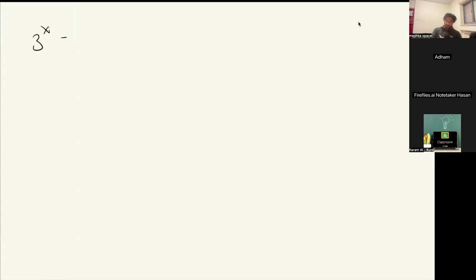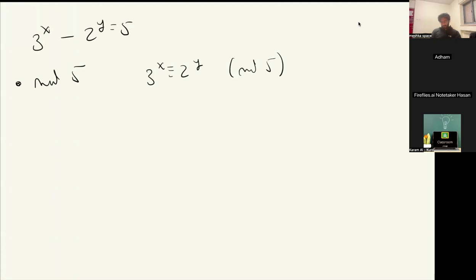So 3 to the x minus 2 to the y equals 5. And your idea is, let's consider mod 5. Now we just consider all the values of 3 to the x and 2 to the y, and we will get that 2 divides both x and y.